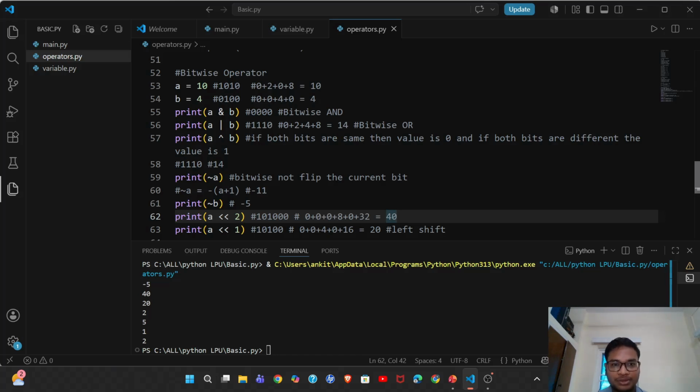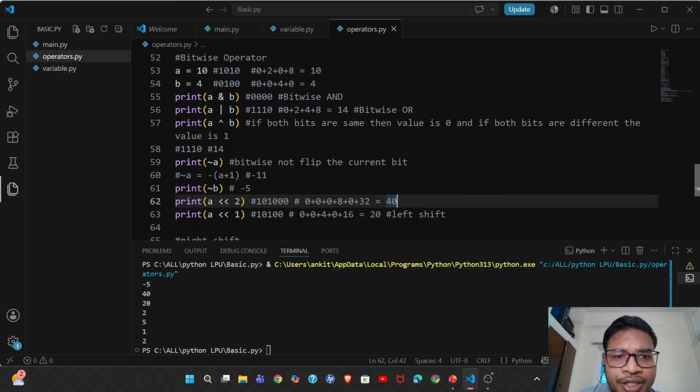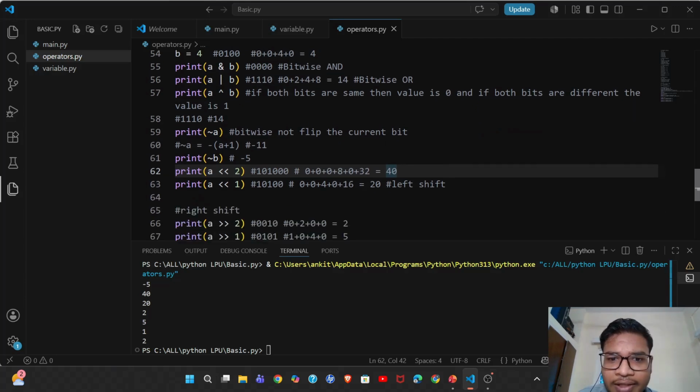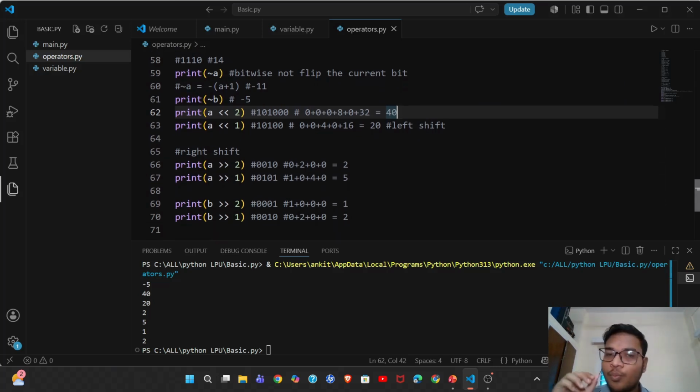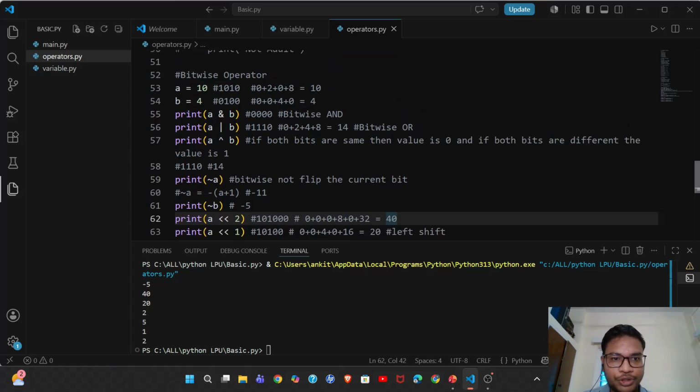I hope there is no doubt about this bitwise operator at this point. I hope you clearly understand it, and if you do not understand, please watch this bitwise operator again and again, and practice more questions. Then it will be clear to you what is meant by bitwise operator.